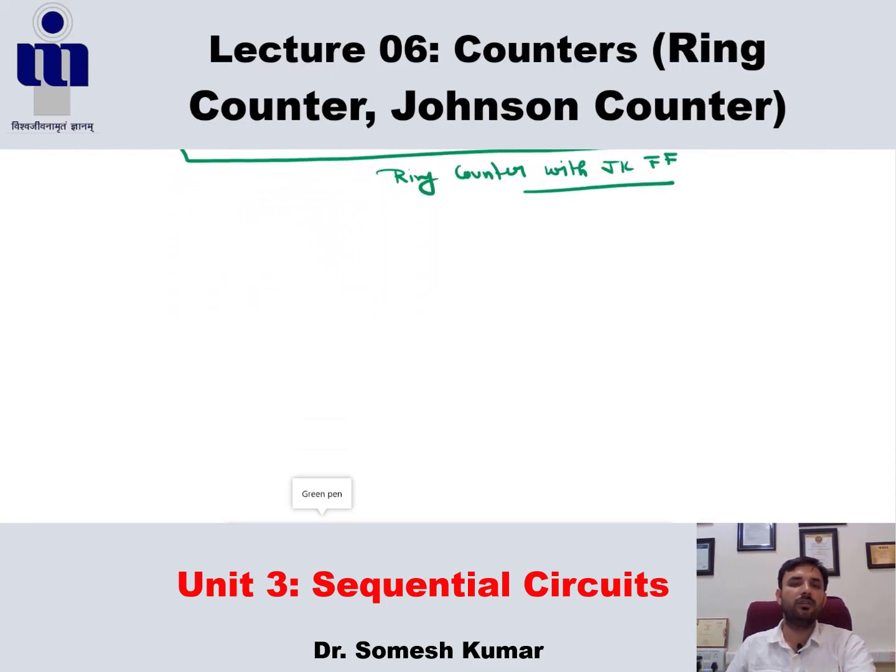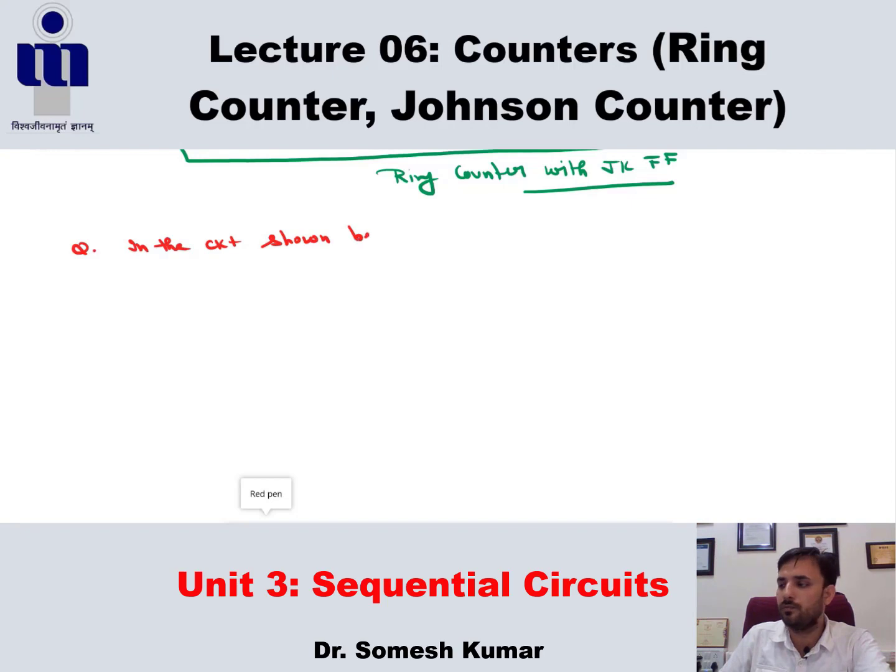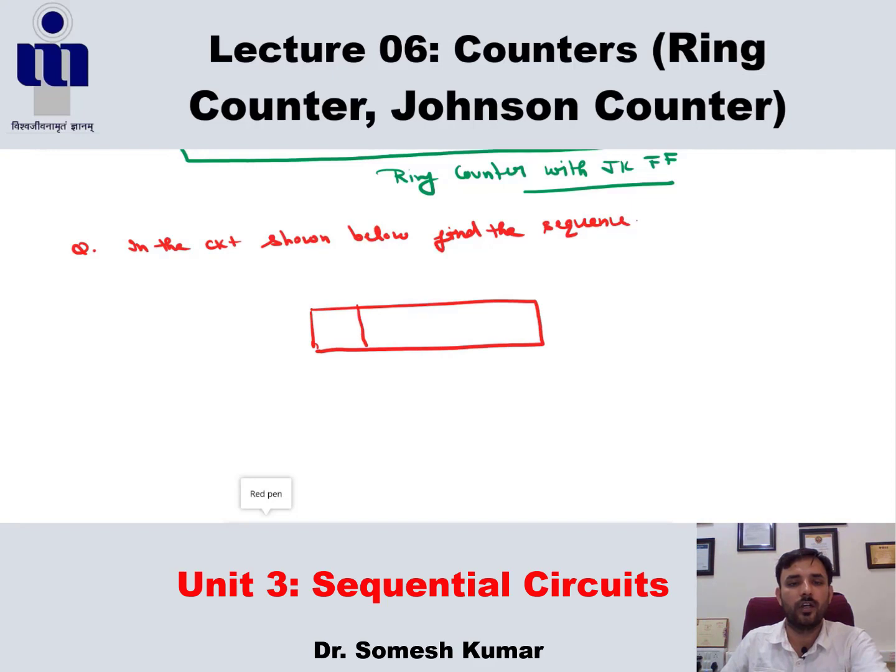Fine. Now we will discuss one question based on this ring counter. So this question is, in the circuit shown below, find the sequence. So this is basically our one circuit which is given here, 1, 2, 3, 4. Fine. So this is 0, 0, 0, 0.